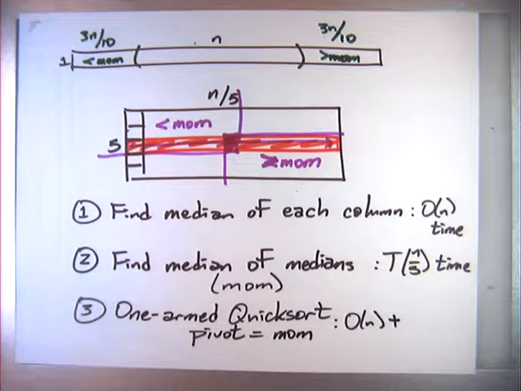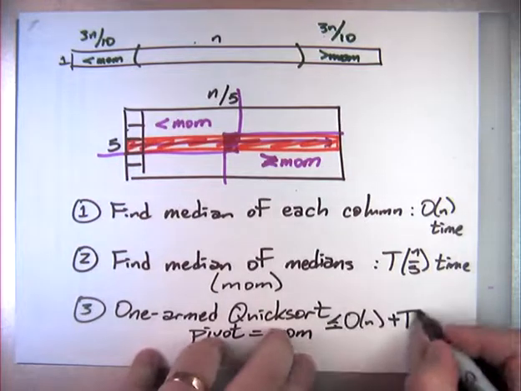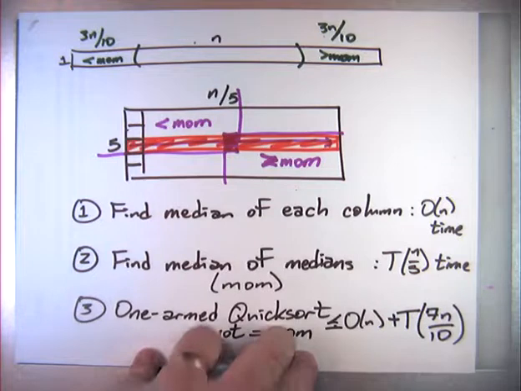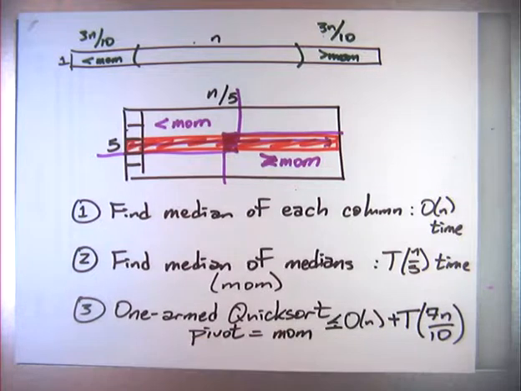And when I recurse, I know I'm either going to throw away everything smaller than the pivot, or I'm going to throw away everything bigger than the pivot. Either way, I know I'm going to throw away 30% of the array at least. So this part of the algorithm is going to take at most 7n over 10. But the subproblem that I'm going to recurse on will have at most 70% of the original array.